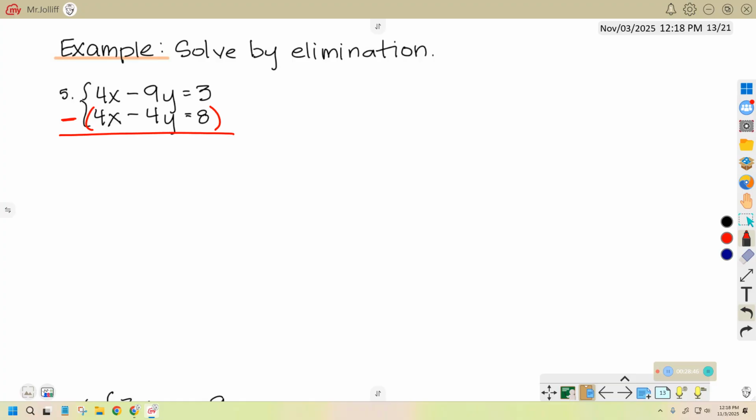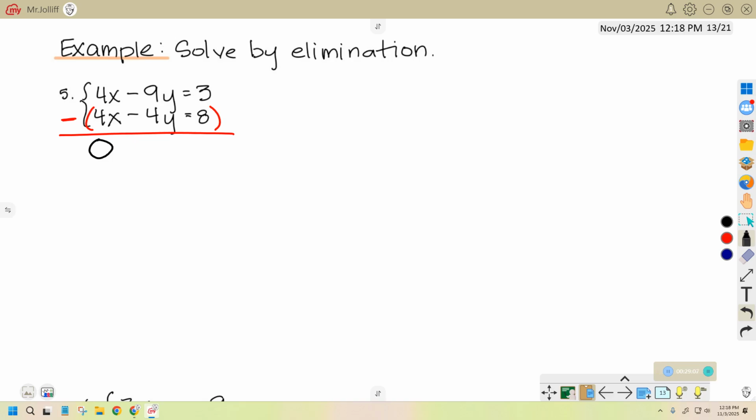So we're going to go down this list and do that. 4x minus 4x gives me 0. Anything minus itself is 0. Negative 9 minus a negative 4 is negative 5.